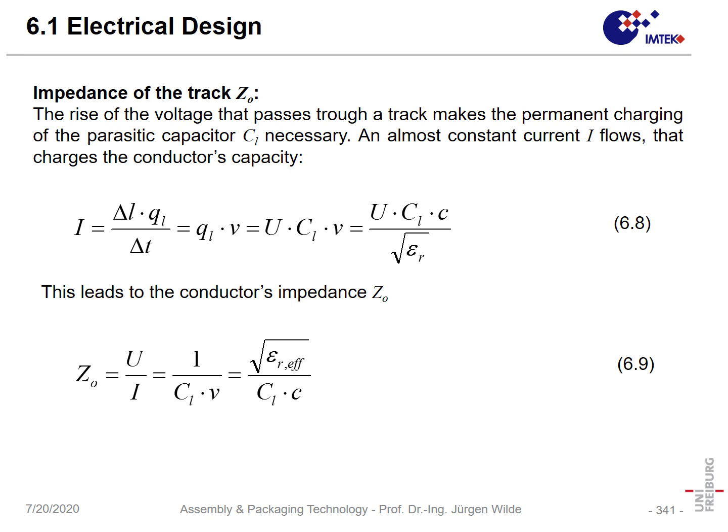And so you could say the impedance is mainly affected by the geometry of a conductor line, because the permittivity is again a factor in that capacitance per length. In that way, you know the impedance of that line, and such a line has an impedance which is independent of the length of that line.